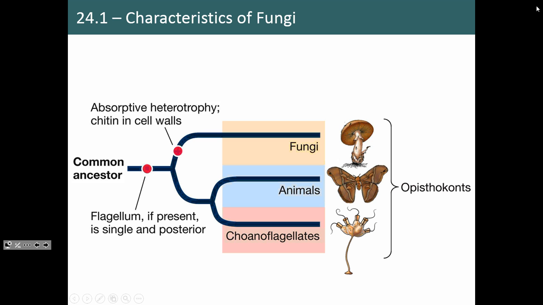Oh, and another thing to point out here is that fungus have chitin in their cell walls. Does anybody remember what chitin is? What is chitin? It's not keratinization. It's not mineralized. It's a carbohydrate.